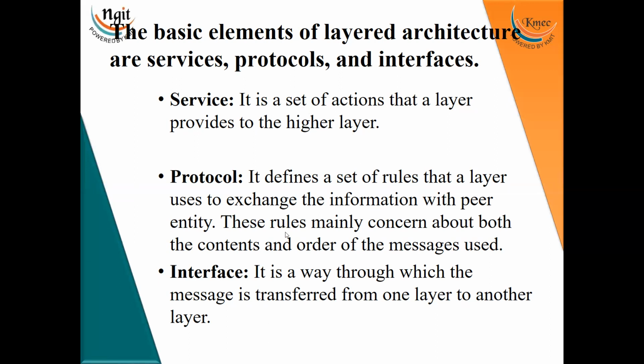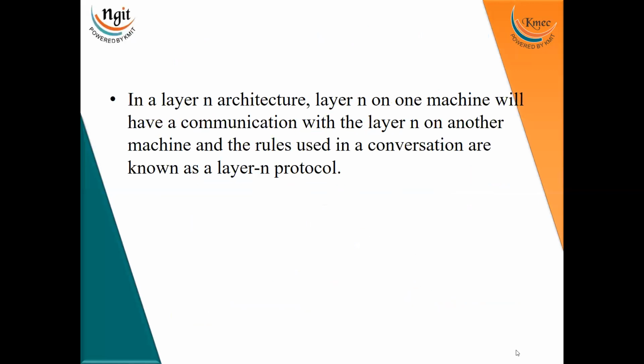These rules are mainly concerned with the contents and order of the messages which are used. And what is meant by interface? It is a way through which the message is transmitted from one layer to another layer.